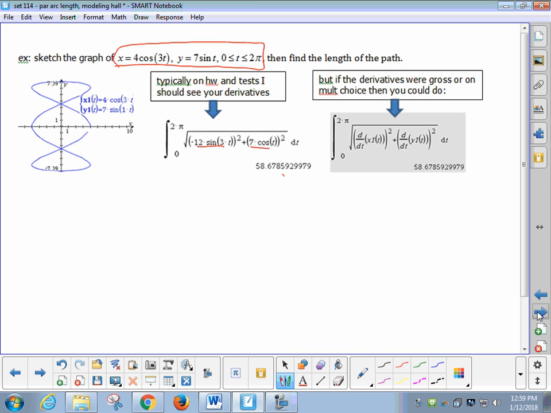If, however, it was some nasty bunch, or a multiple choice question where I didn't need to see your work, you could just have the calculator, which is really estimating the derivatives, calculate the derivatives and evaluate, and you'll get the same thing. Either way, I'm good. If it's not too bad, though, on your homework, I'd like to see the derivatives. With me? All right, then.